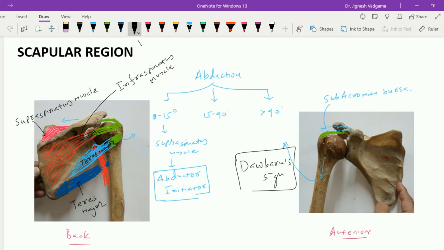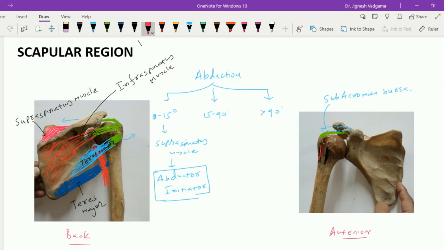So here in this other figure, we can appreciate the anterior border. Here we can see the bicipital groove, which is present on the anterior aspect of the humerus, and three muscles are attached to it.